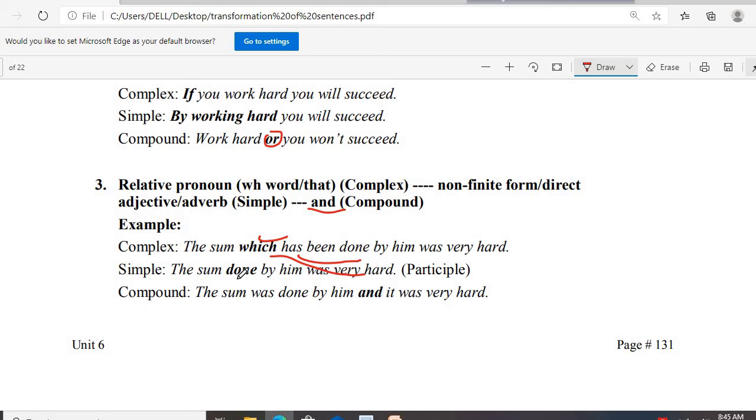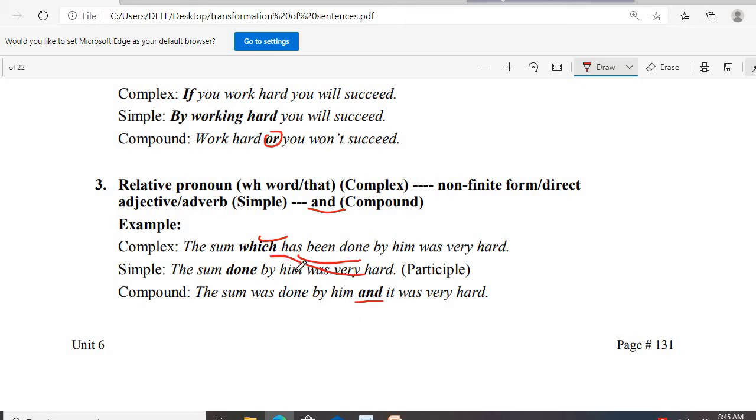The sum done by him, that is done by him, this is a non-finite verb. The sum done by him, non-finite verb, and this is participle. Participle means non-finite verb. And to make it compound, and has been used here.